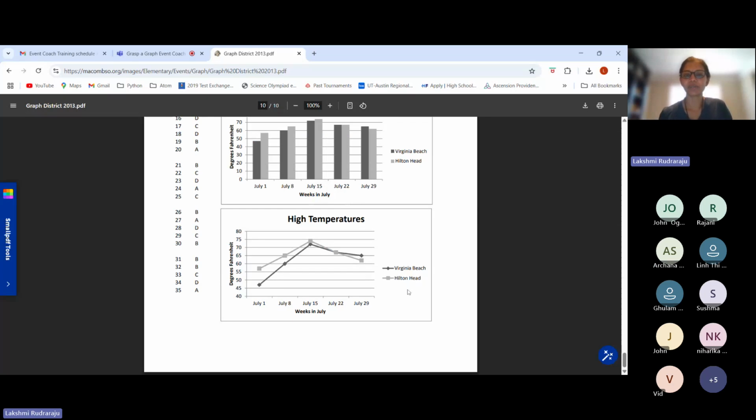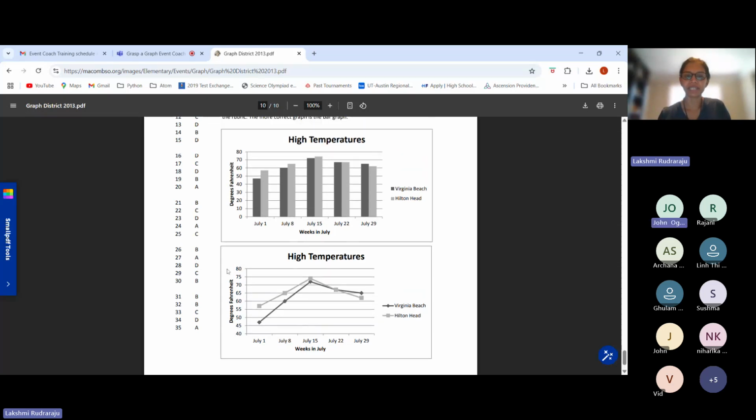When you go through it, the key is that kids have to come up with which one they want to draw, and depending on the data, either one could be correct. But the key is everything that is in the graph, including the title, the x-axis, the y-axis, labeling the x-axis and y-axis, and labeling the data in intervals that fit the graph sheet.